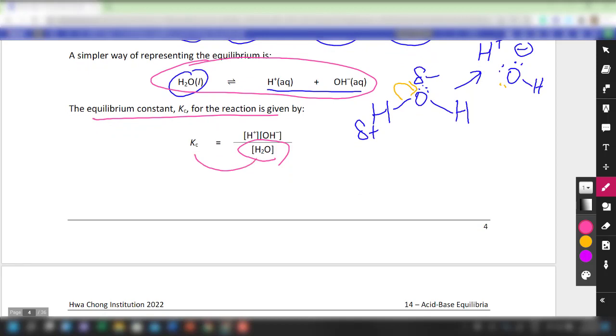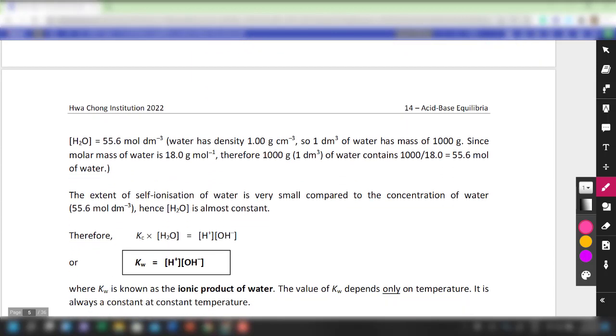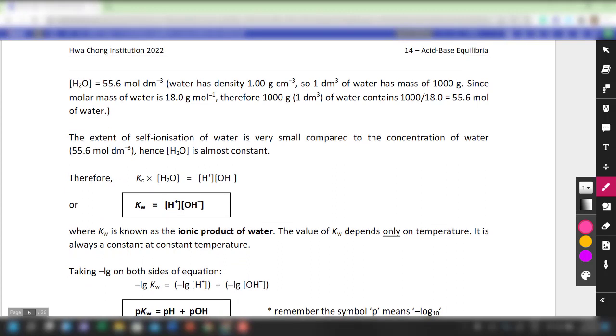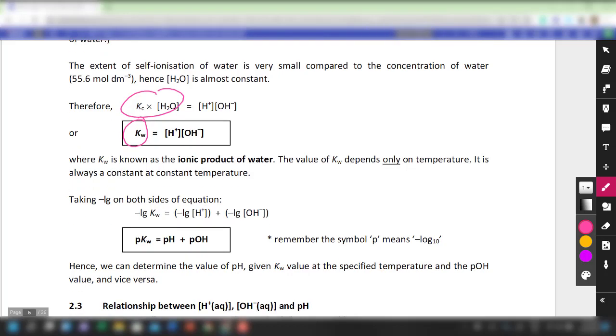If you bring this across, you get a constant term. This particular constant term, we call it Kw. So Kw is known as the ionic product of water. And as per all equilibrium constants, it is only dependent on temperature. So it's a temperature dependent variable.